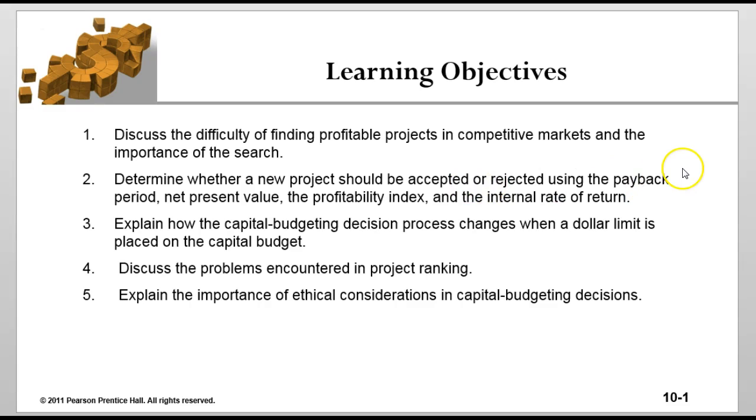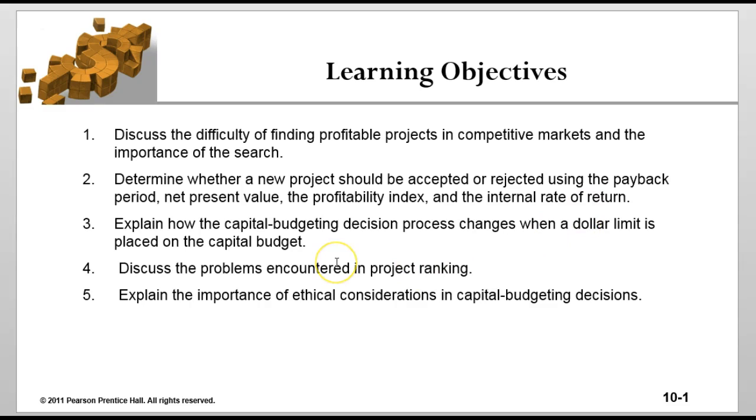And we're going to look at 5 ways. One is the payback period, one is the net present value and the profitability index, and then we'll look at the internal rate of return, and I've added one that's in the book but not specifically targeted through some of our exercises, the modified internal rate of return.